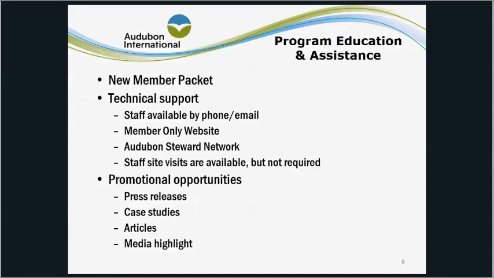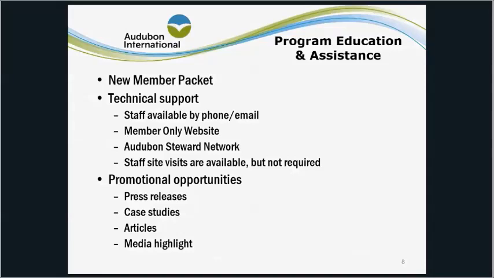So some of the things you'll get from the ACSP, besides the new member packet, which I just went over a little bit: technical support from our staff. Staff are available anytime by phone and email, so just give us a call or shoot us an email about a question, no matter how small or big. Our member-only website, which has some resources, and we'll show you a little bit about that later.